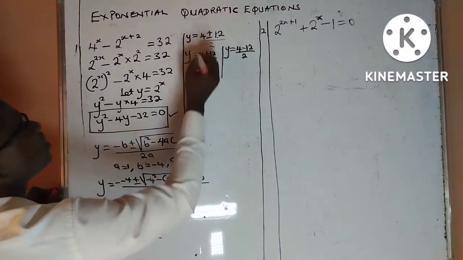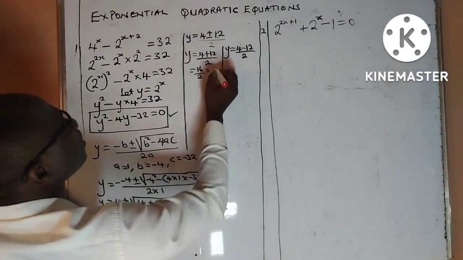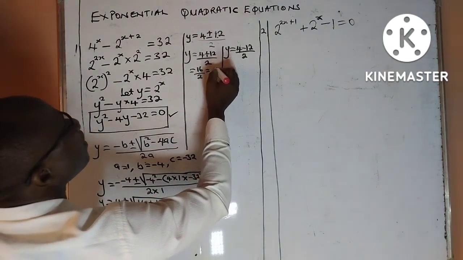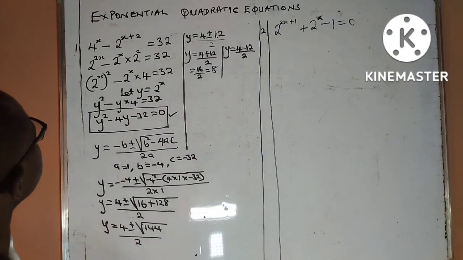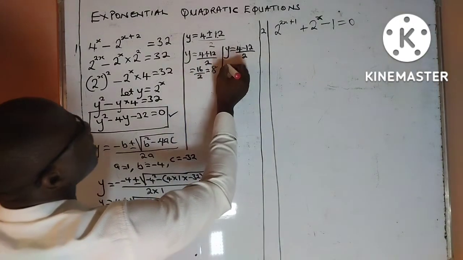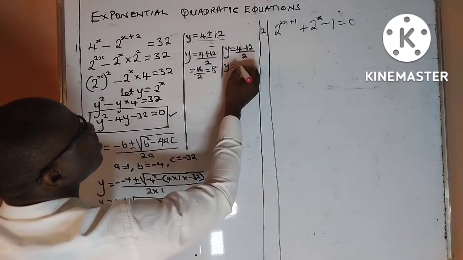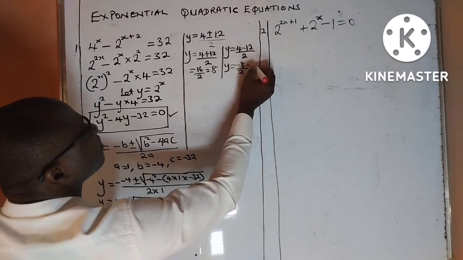So if I work on this, it will give me 16 over 2, which is equal to 8. Alright. Next, I move here. y is equal to 4 minus 12, which is negative 8, all over 2, giving me minus 4.